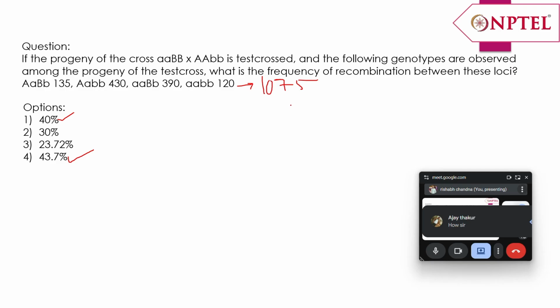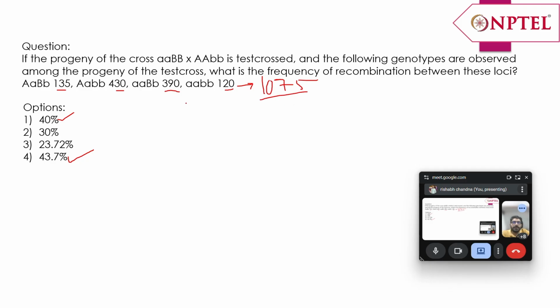Yes. So what you have to do is add these numbers that are given here. So this is the total number of offsprings that is being produced from this particular organism. Okay. So this comes out to be 1075.